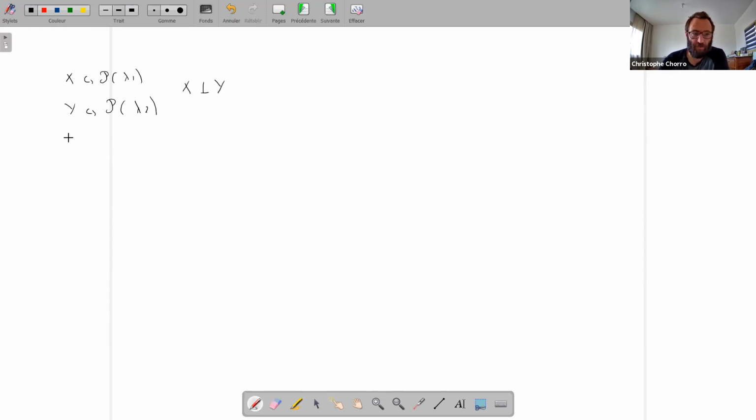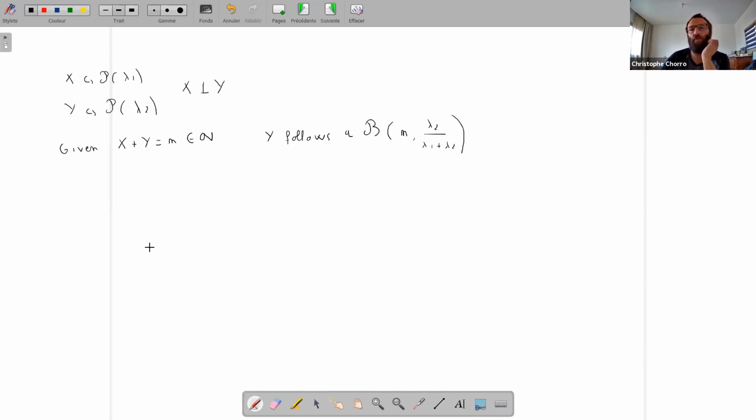We have seen together that given X plus Y equal to small n, belonging to N, Y follows in this situation a binomial distribution of parameter n, lambda 2 over lambda 1 plus lambda 2. Okay?